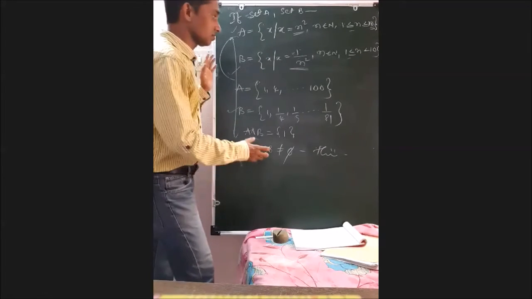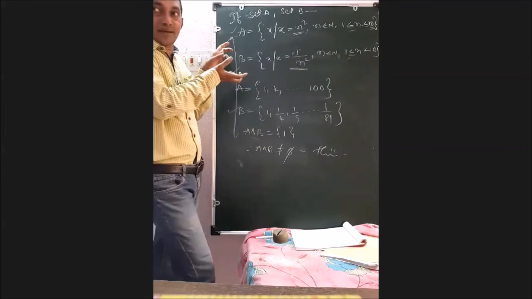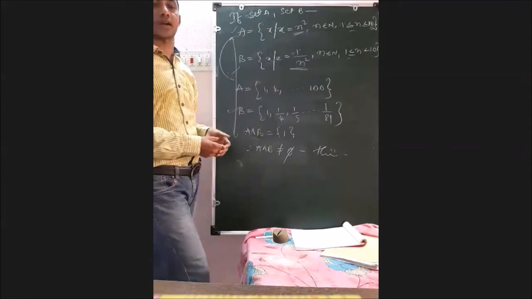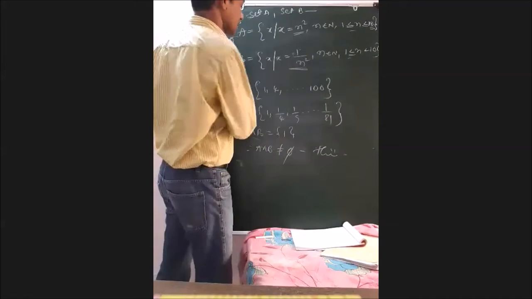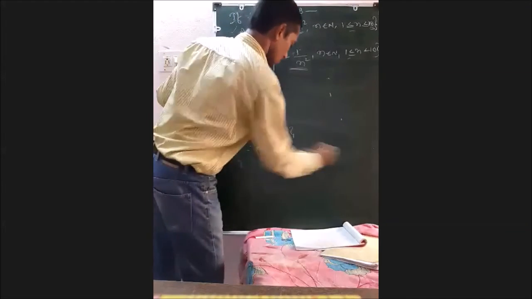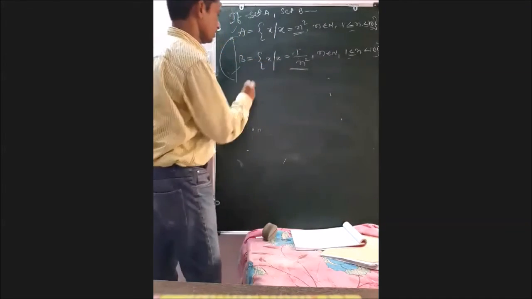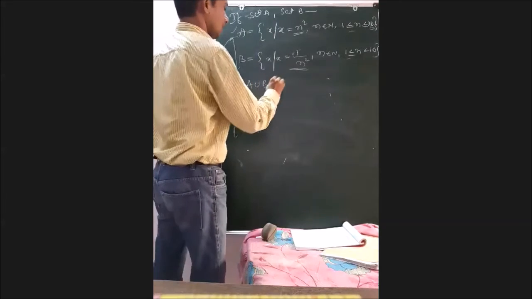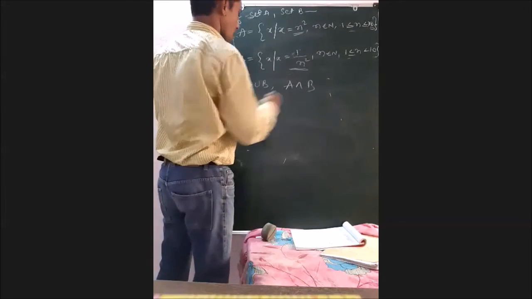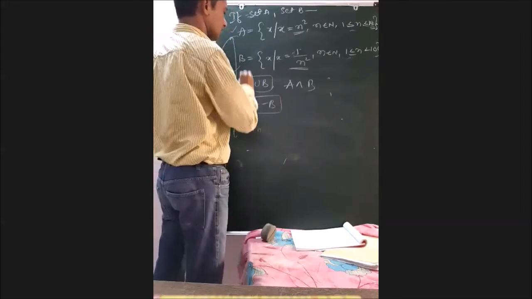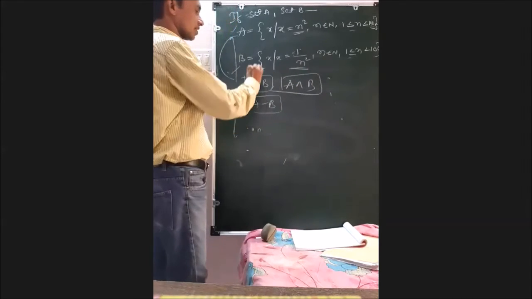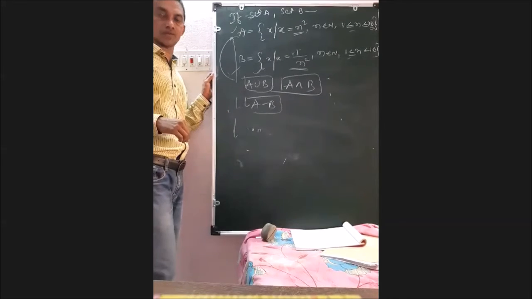Understand? Now I am taking one example and what kind of different questions you may come across in the exam. They can ask A union B, A intersection B, or A minus B directly. For this also you have to convert them into the roster form.